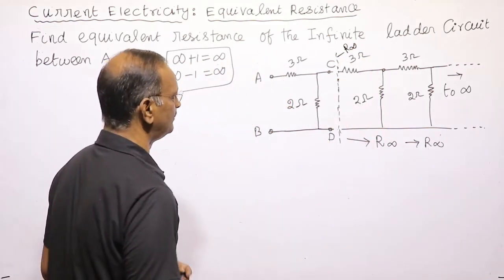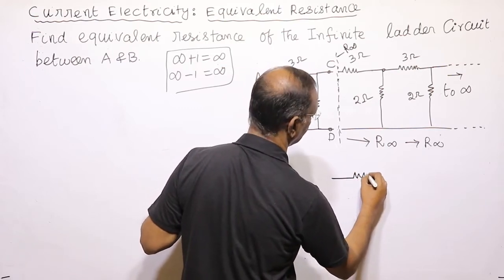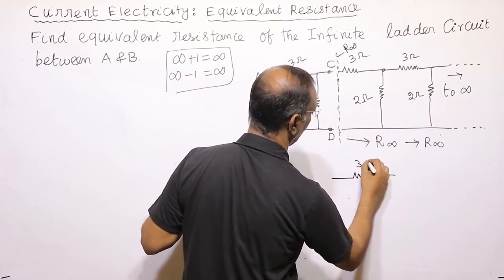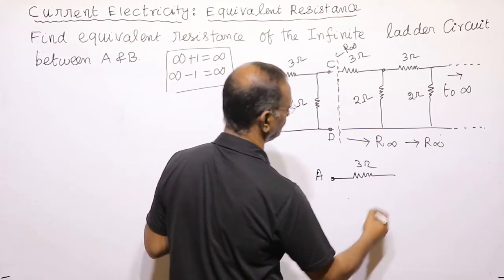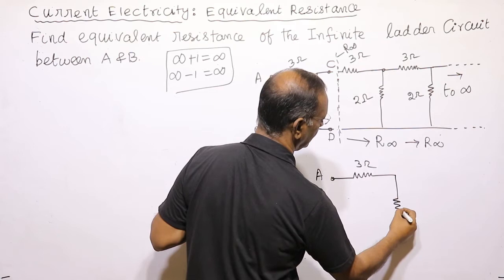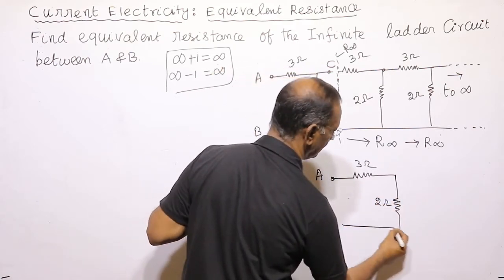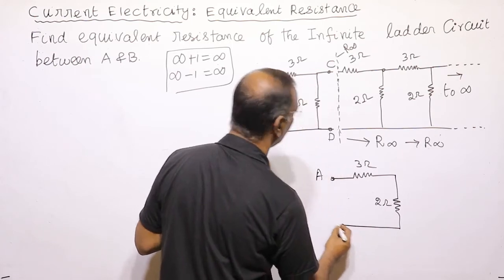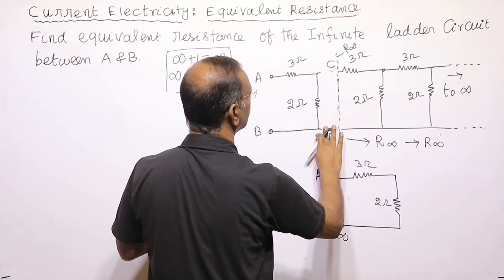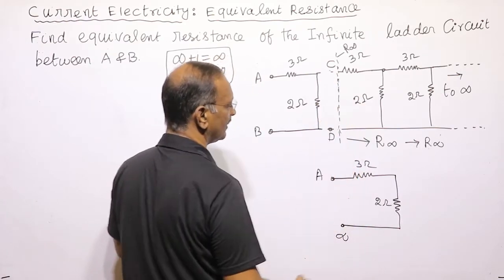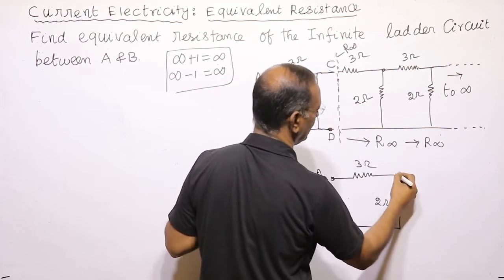So the circuit is modified like this. 3 ohm from point A, then 3 ohm, and here 2 ohm, and this is end B. When we remove this portion between C and D, this resistance becomes infinity, so it will join in parallel.